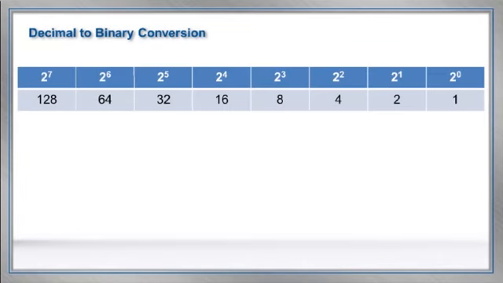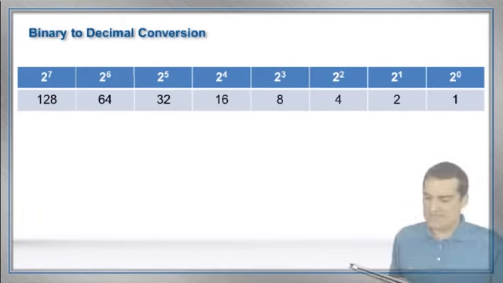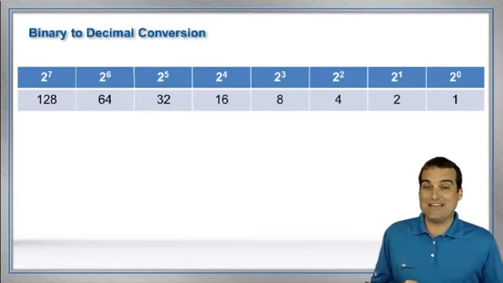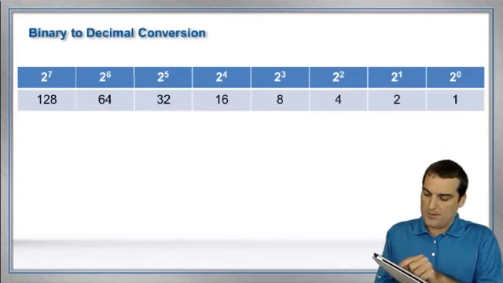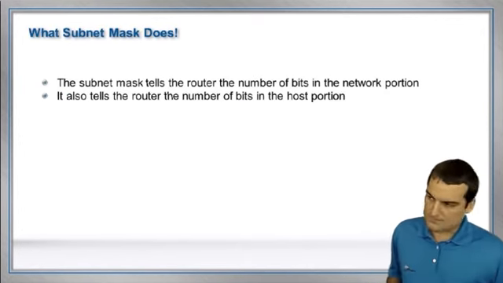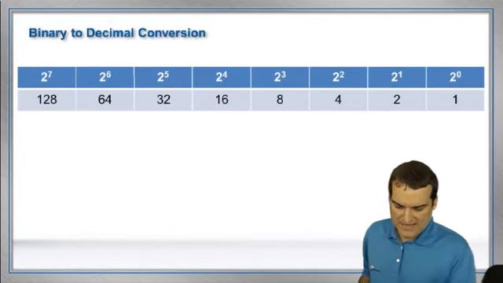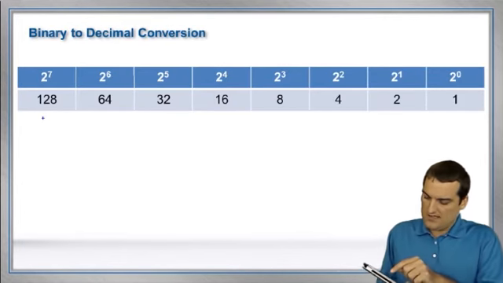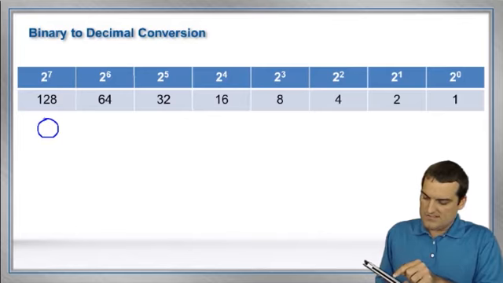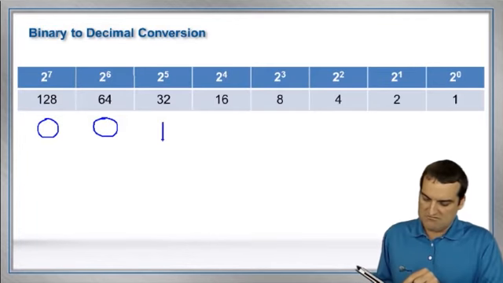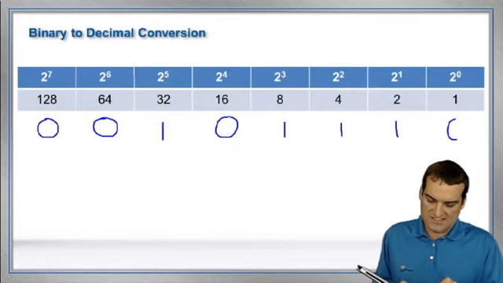Now, I've got great news for you. Going from binary to decimal is even easier. Much easier, folks. Watch this, because all we're doing here is addition. Let's say we have the binary number 0, 0, 1, 0, 1, 1, 1, 0.